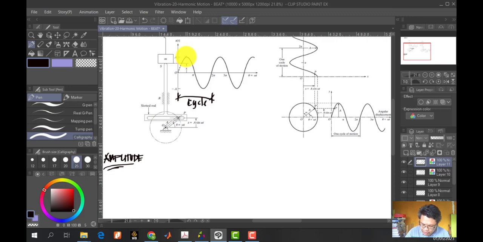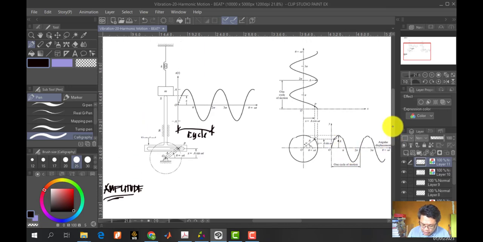Then for this type of vibrating body, the rotating body, we have the amplitude also, that is the maximum, and this is for one direction. And also this one, we have the amplitude in the opposite direction. So that is defined as your amplitude.